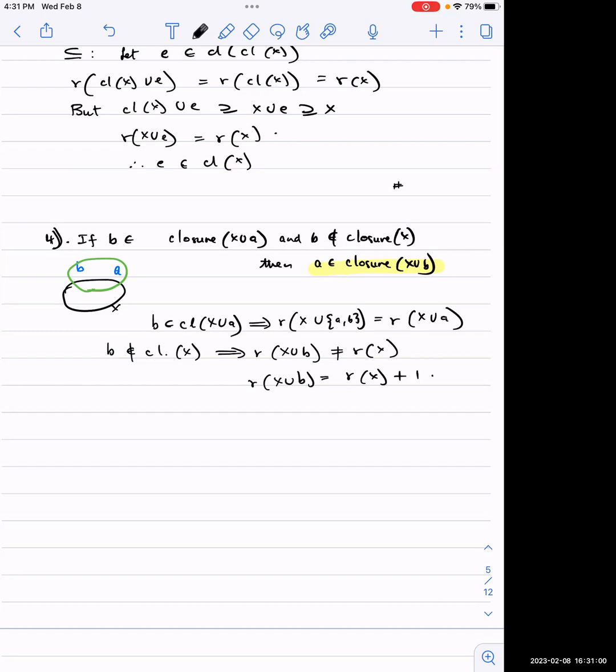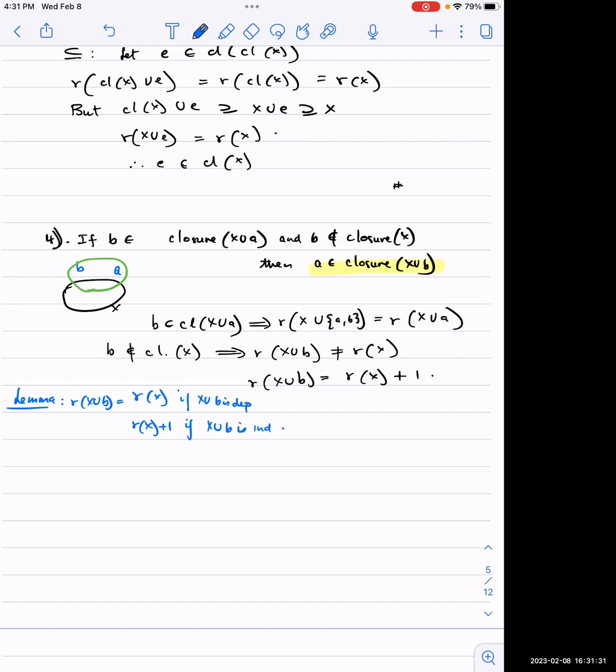And there's actually a little lemma happening here that I could have pulled out earlier: the rank of X union B is the rank of X if X union B is dependent, or the rank of X plus 1 if X union B is independent.